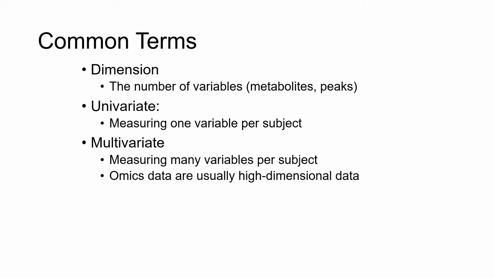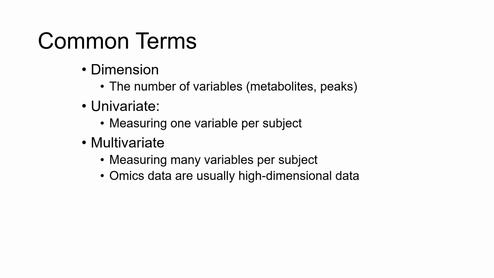In the world of genomics, proteomics, metabolomics, and other omics sciences, most things are multidimensional, multivariate, where we measure hundreds of concentrations of metabolites, thousands of proteins or genes all at once on all of the subjects at once. So in that regard, omics data is very complex and very high dimensional.